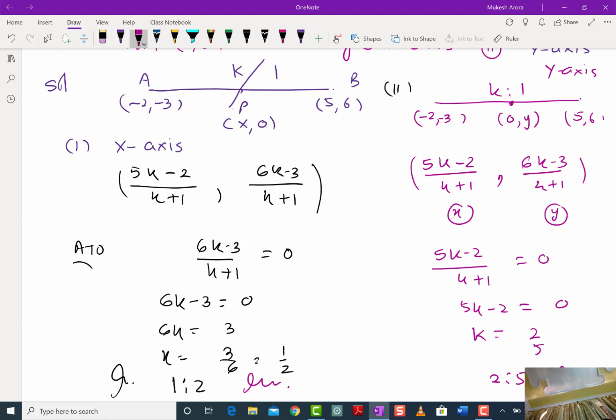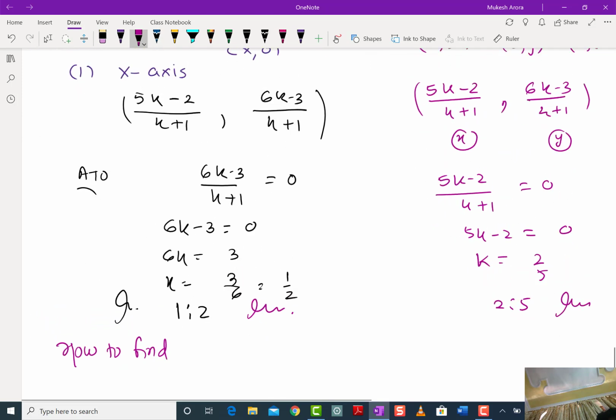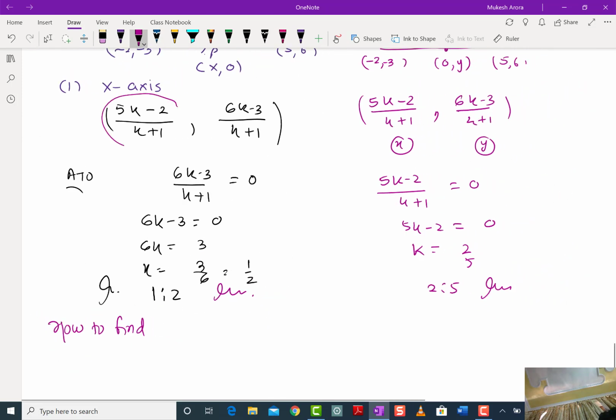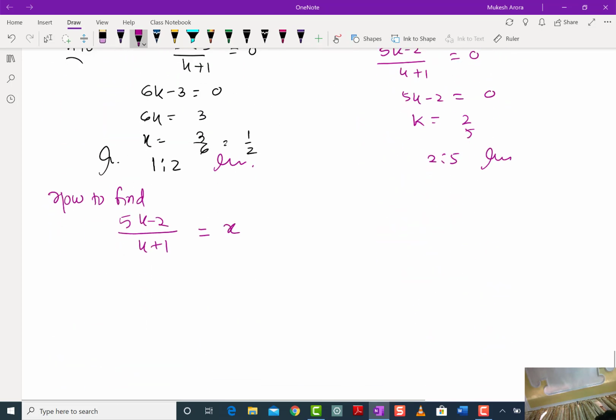In this question, if we are asked to find the value of x also, how to find x? So this was the value of x. We'll write 5k minus 2 upon k plus 1 is equal to x. Now we have k is 1 by 2, so 5 into 1 by 2 minus 2 upon 1 by 2 plus 1 is equal to x.